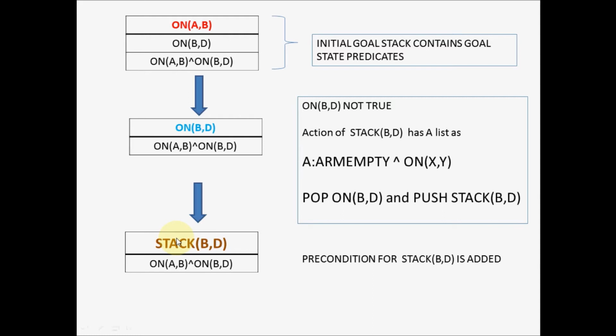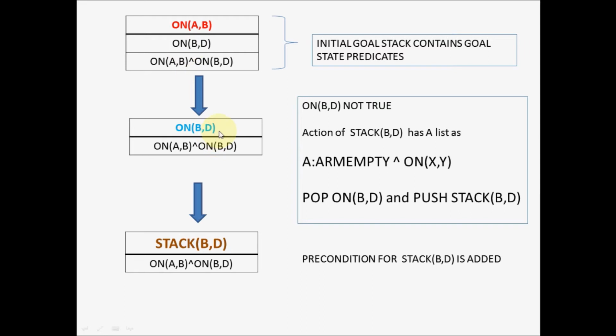Fine. So I will just recapitulate what I said. The algorithm first checks what is there on top of the stack. If it is a predicate, then that predicate is compared with the current state. If the predicate holds true with respect to the current state, the predicate is straight away discarded, or popped out, to reveal the next predicate or next action.